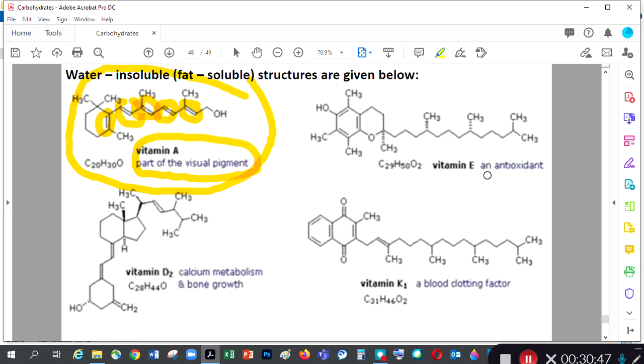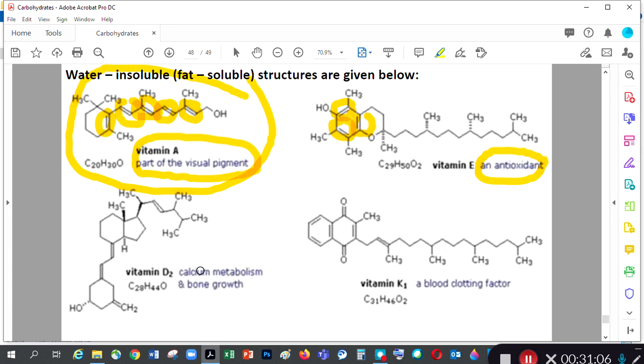Vitamin E is an antioxidant. That's its function. It's an antioxidant and prevents blood clotting as well. And it has double bonds as well. As you can see, it has a double bond, although in an aromatic ring, but it still has double bonds here.